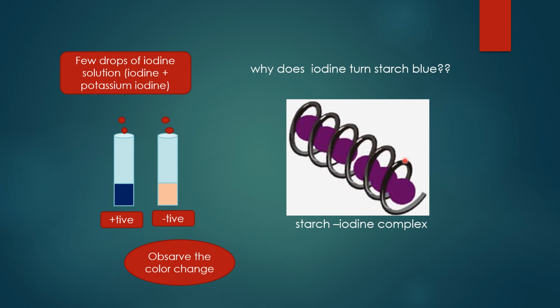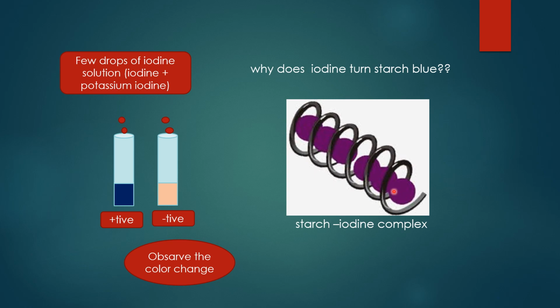It is called a helix structure, and this is the linear polyiodide with a purple color. They are marked as a purple color, but in nature they are colorless.